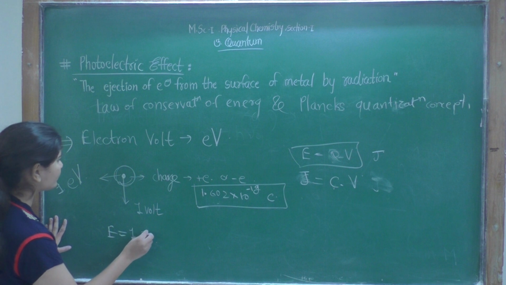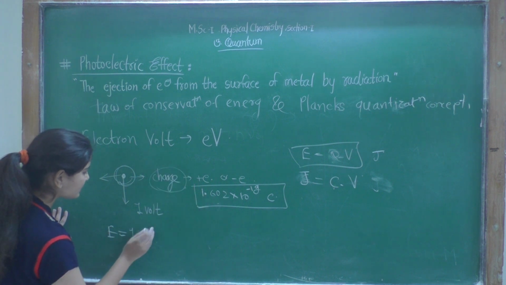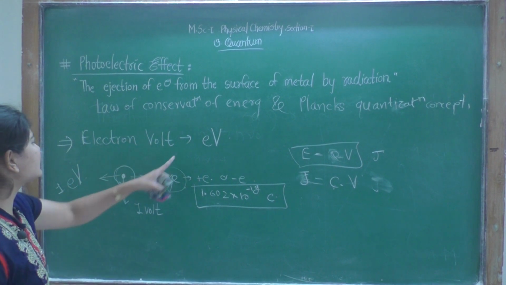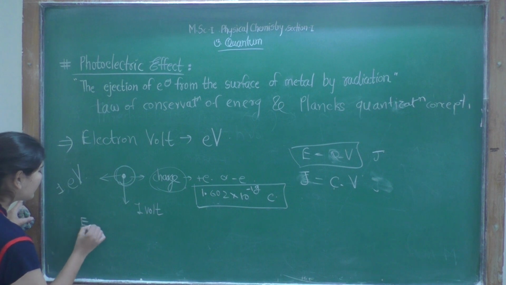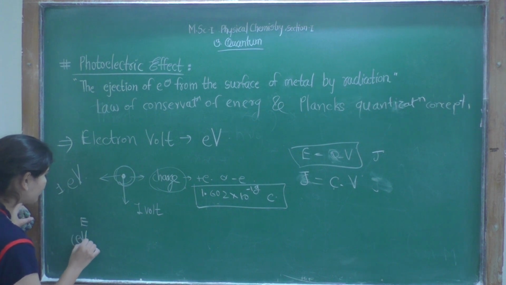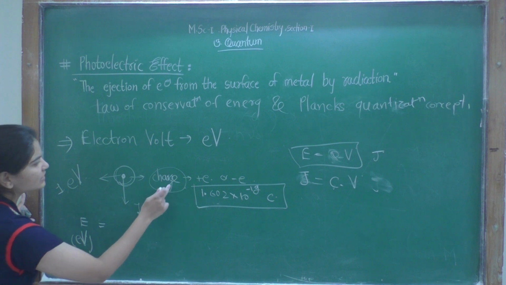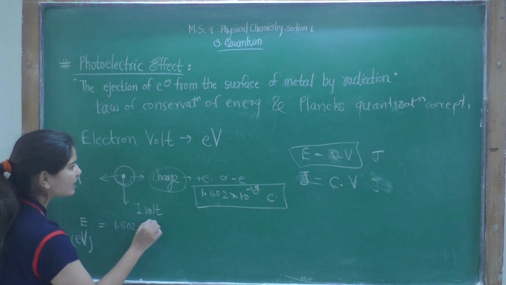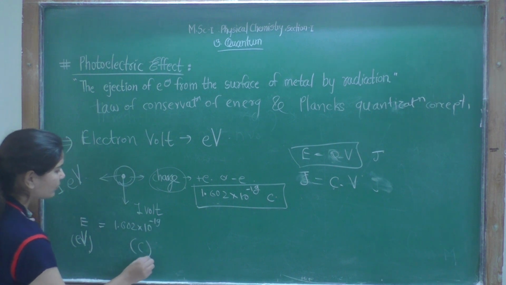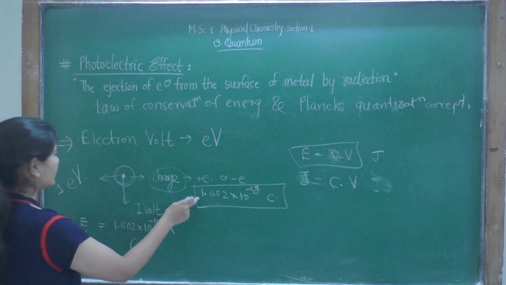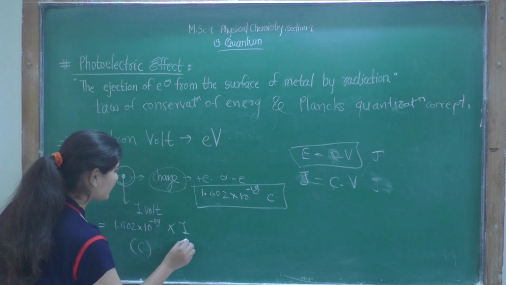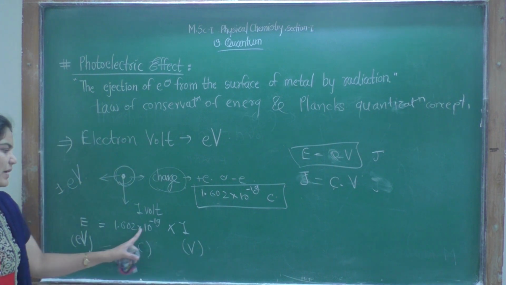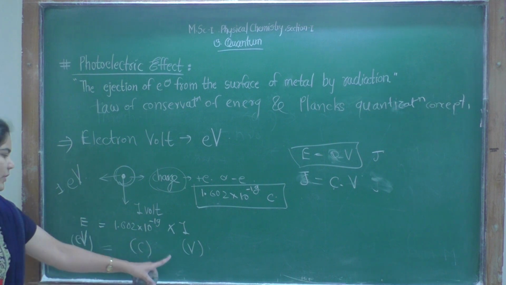The energy possessed by this particle is E in electron volt. What is the charge of this particle? 1.602 into 10 raised to minus 19 coulomb. And what is the potential drop? 1 volt.